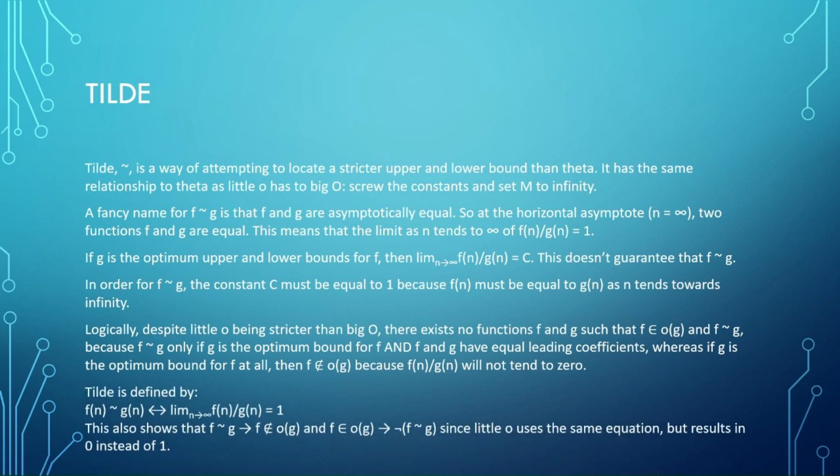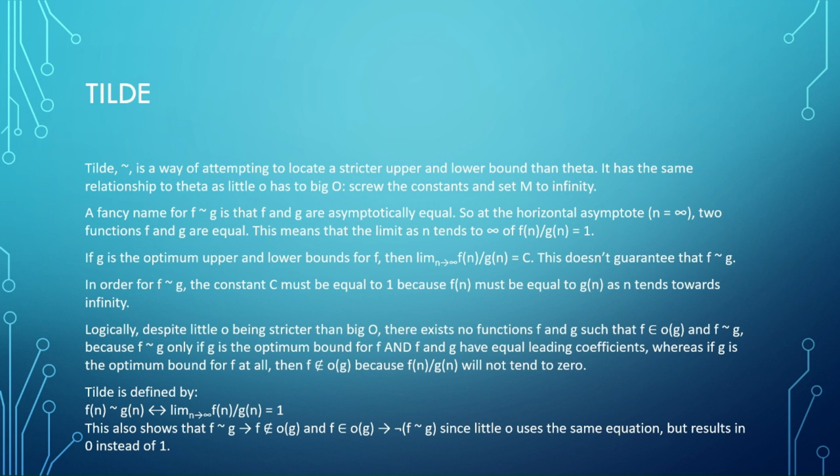So tilde is defined by: f(n) is of tilde g(n) only if the limit as n tends to infinity of f(n) over g(n) is equal to 1.